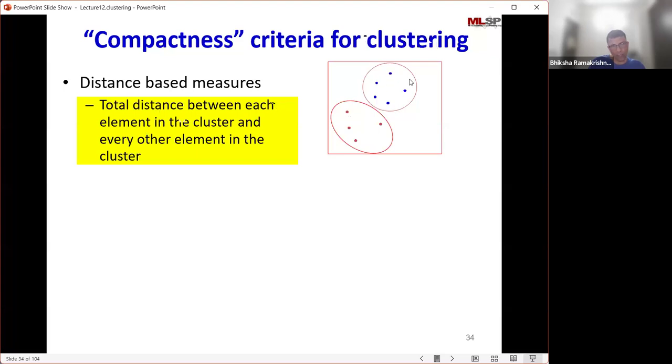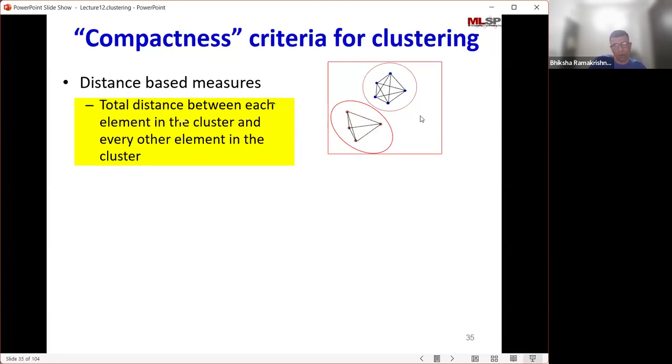If I want to hypothesize that these data points form one cluster and these data points form one cluster, then a criterion I could use is the total distance between every pair of points within a cluster. So that would be the total length of all of these lines. So that's a total distance based compactness criterion.